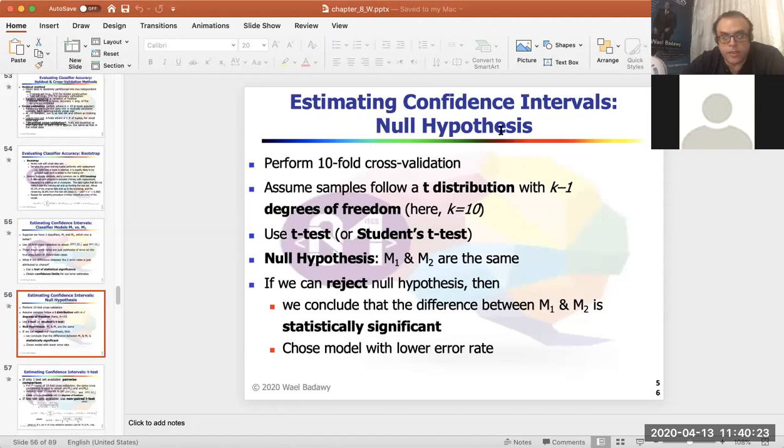There is also the null hypothesis, where I can perform 10-fold cross-validation. I assume a t-distribution with k-1 degrees of freedom, where k equals 10. I can use a t-test, and the null hypothesis is that M1 and M2 are the same, and I can reject it if the difference between M1 and M2 is significant, or bigger than a specific threshold.